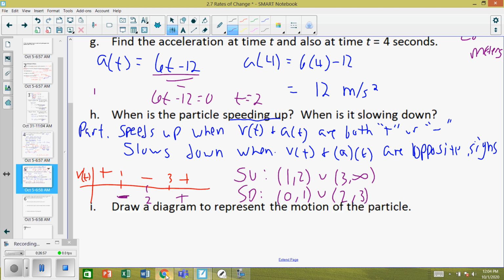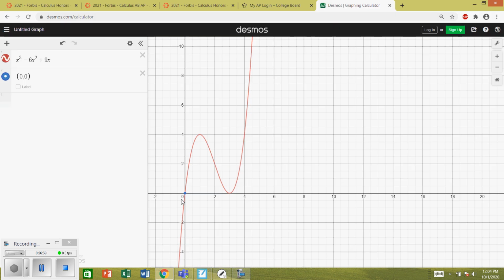And honestly, we might be able to see that on our graph. Where we're speeding up... oh no, sorry. Yeah, no, we're slowing down between 0 and 1. So 0 to 1 we're slowing down. And then when I get to 2 right here, I start to speed up. I'm looking at the wrong interval. Okay, so sorry.